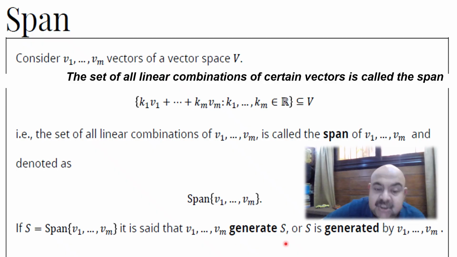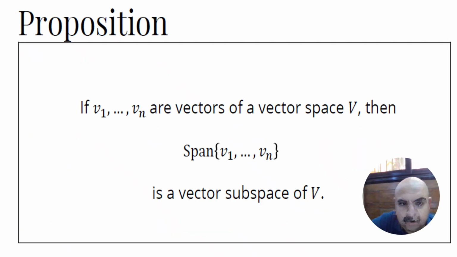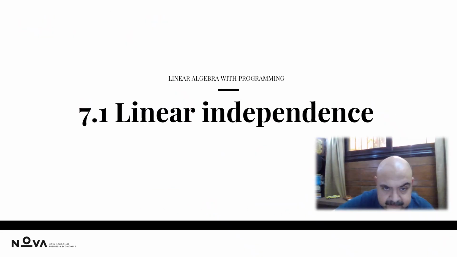V1 up to Vm are generators of S. Okay? We can say that these vectors generate S, or S is generated by these vectors. Okay, very good. So V1 to Vn are vectors of a vector space. Then the span of V1 up to Vn is a vector subspace of V.